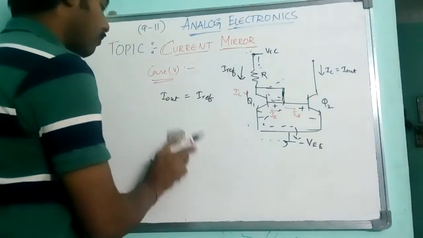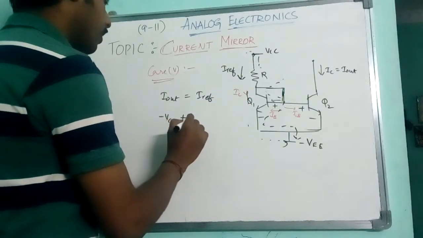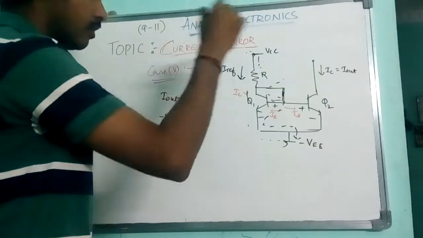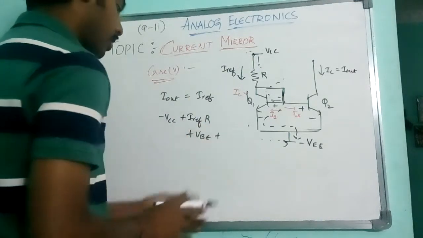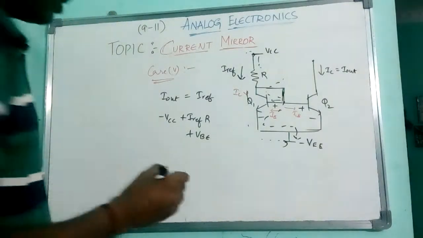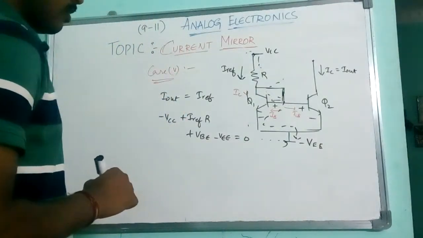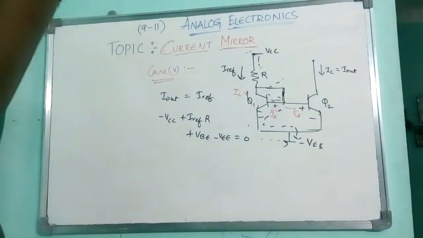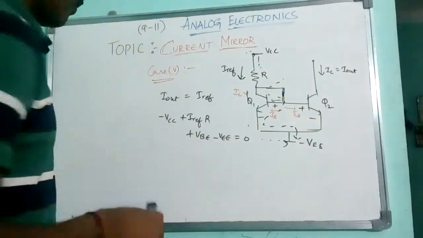Start from there. What do we have? Minus VCC plus I reference into R plus VBE, and I'll encounter minus VE directly. So minus VE equal to 0. Now I have to get I reference, right?